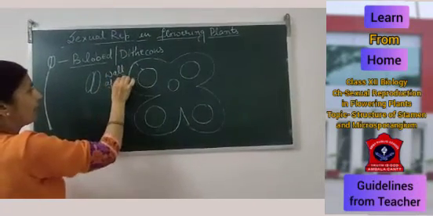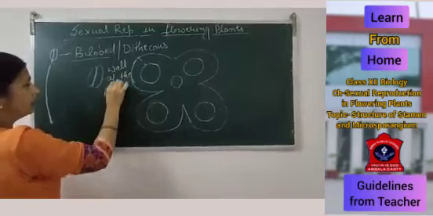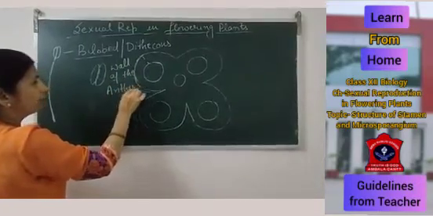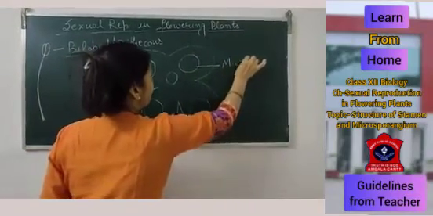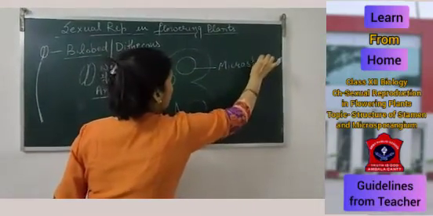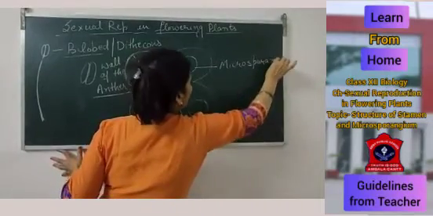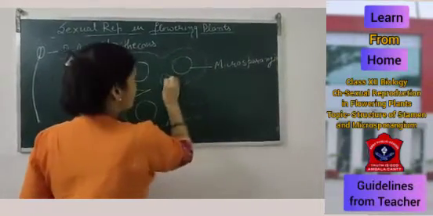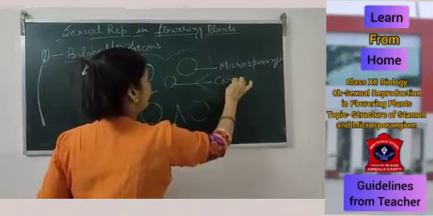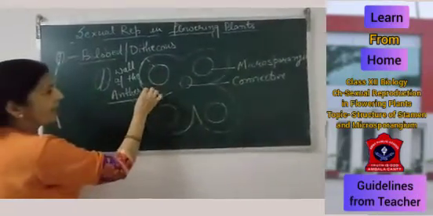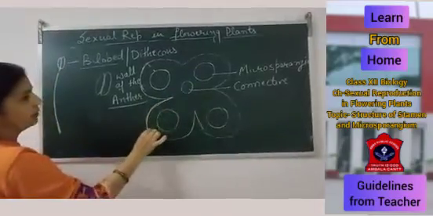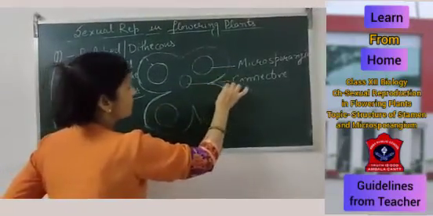This is the connective. The wall of the anther is thin here, while in the rest of the part it is quite thick.